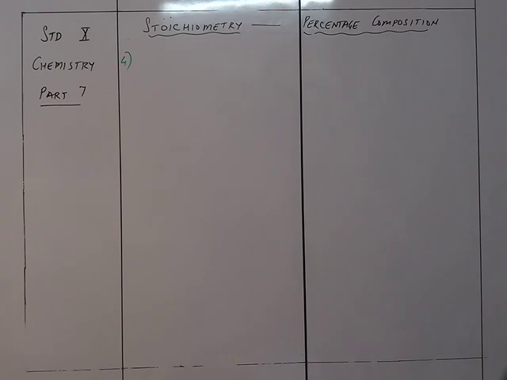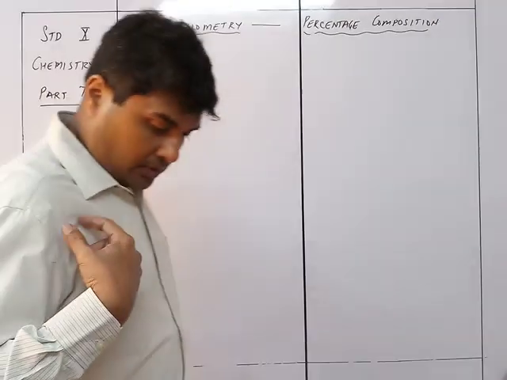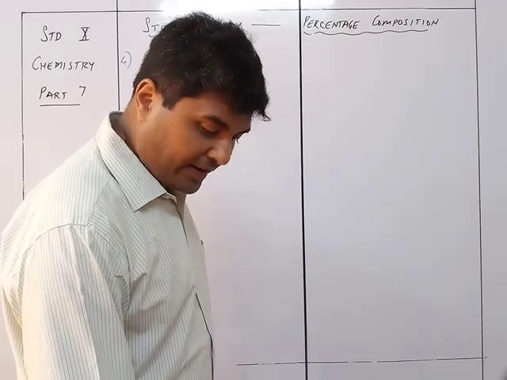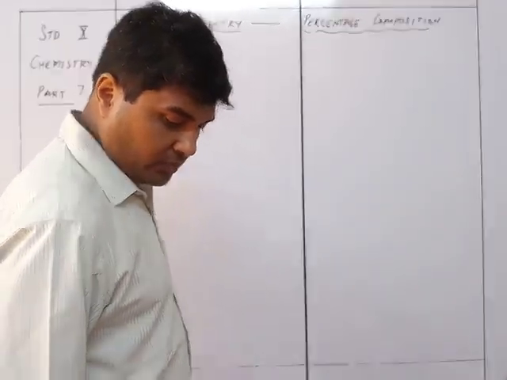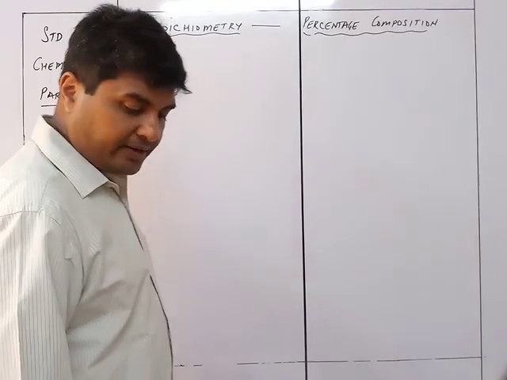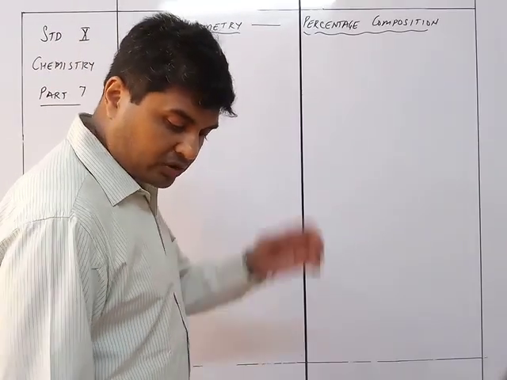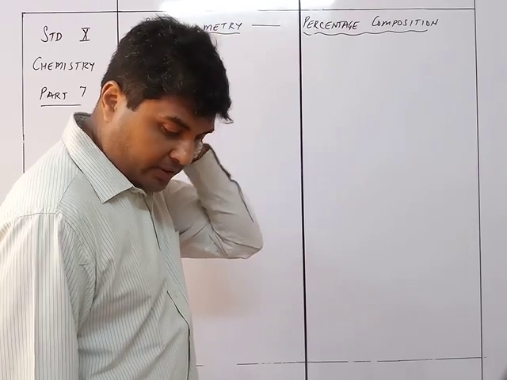Calculate the percentage of pure aluminum in 10 kg of aluminum oxide Al2O3 of 90% purity. So you need to find out the percent of pure aluminum in 10 kg of aluminum oxide of 90% purity.